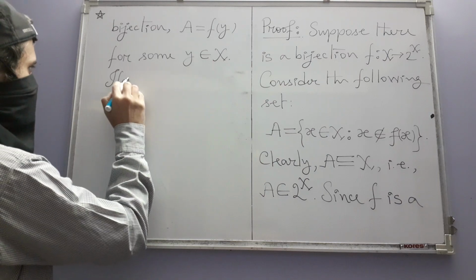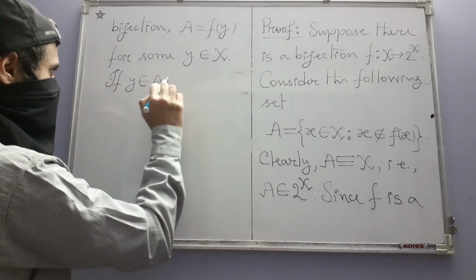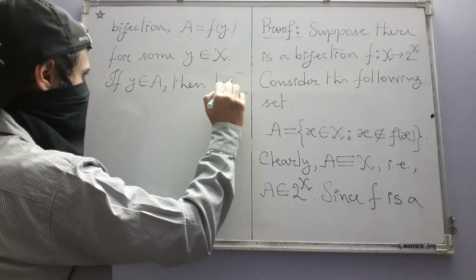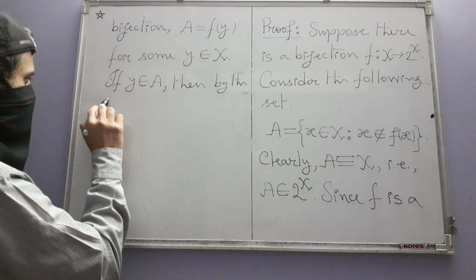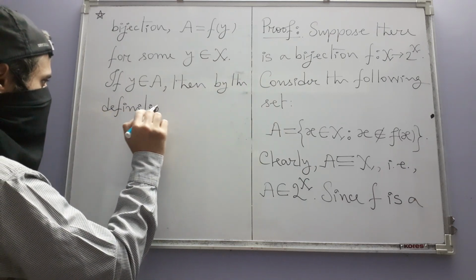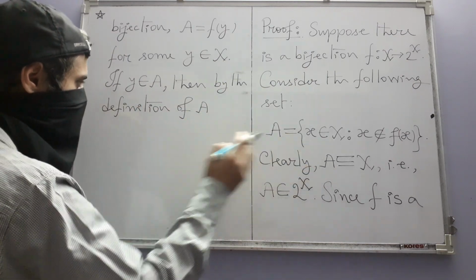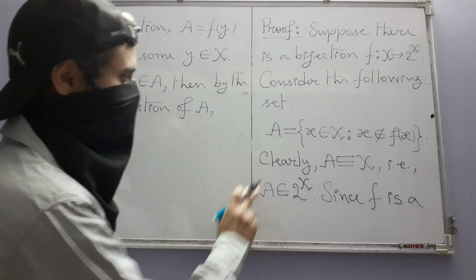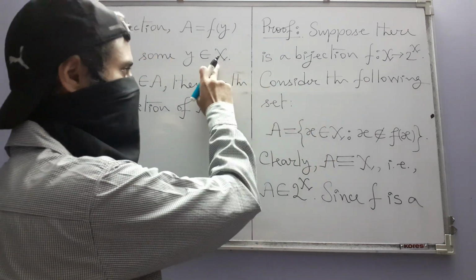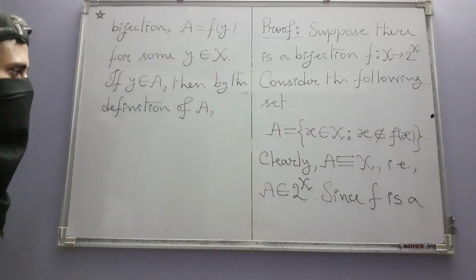If we assume that y belongs to A, then by the definition of A, y is in A means y is in X, which is of course true, but this condition should also be true for y.